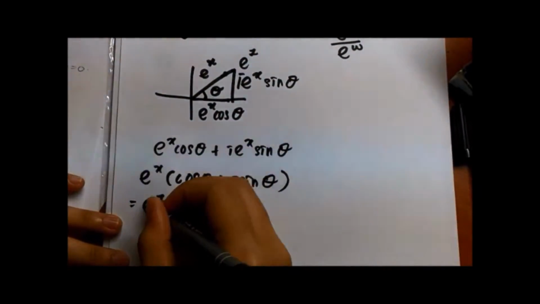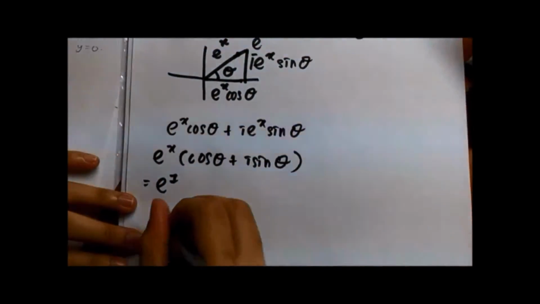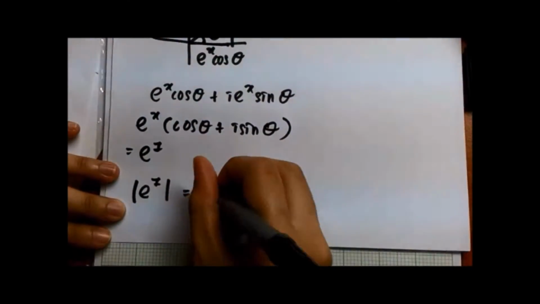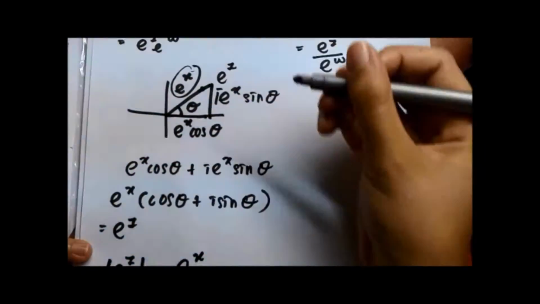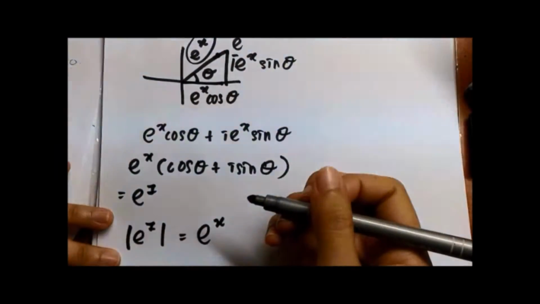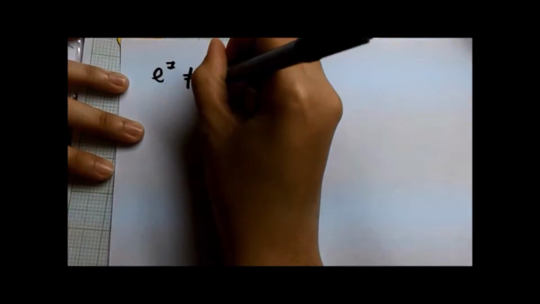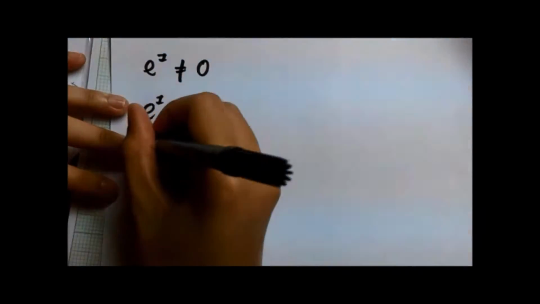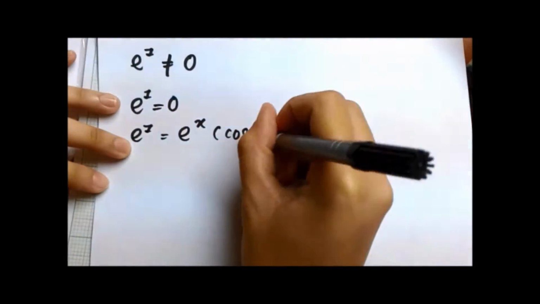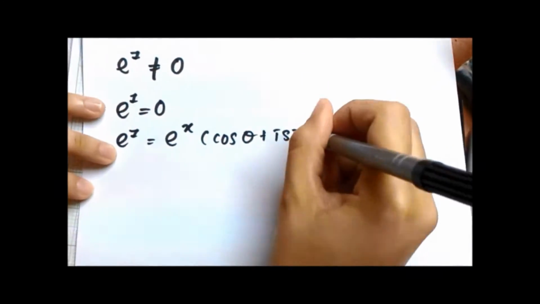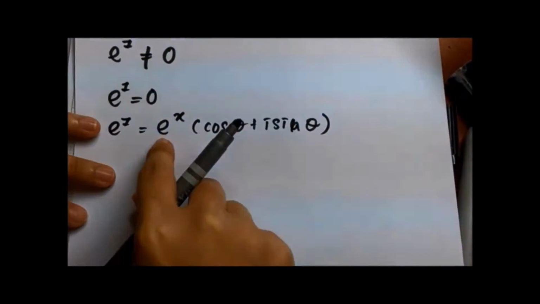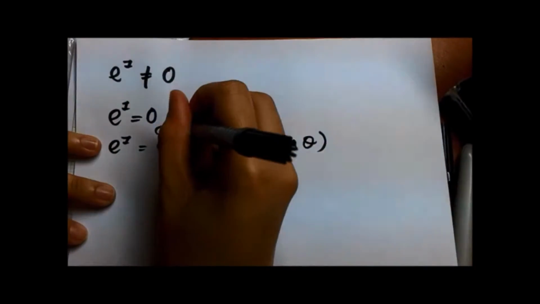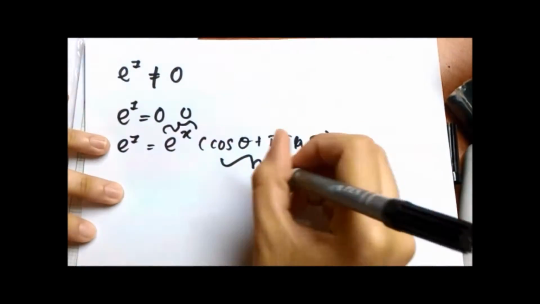For the magnitude of e^z, it is equal to e^x from here. This is the second property of e^z. The third property is that e to the power of z is never 0. Let's say e^z equals 0. So we know that e^z equals e^x (cos theta plus i sin theta). To get 0, either this is 0 or this is 0.